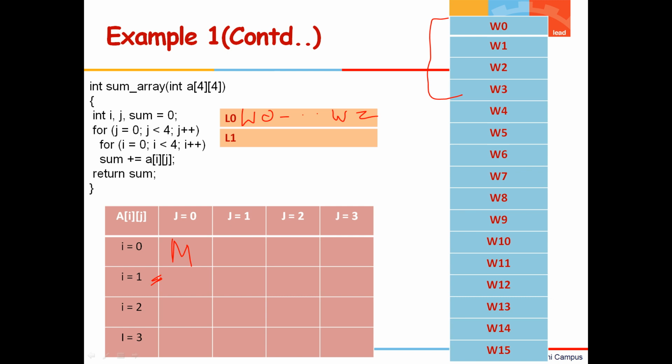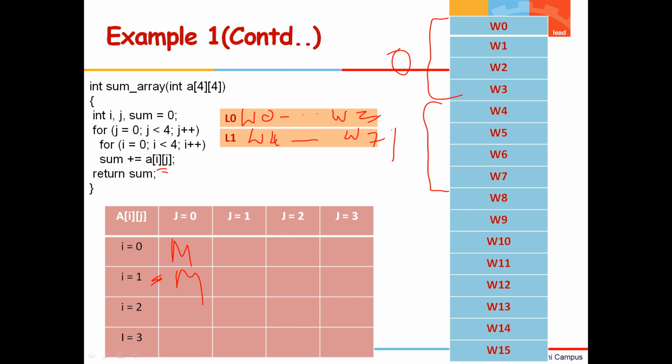When it's 1, comma 0, this will be loaded, that is block 1. So now W4 to W7 will be loaded here. So now this also will be a miss.